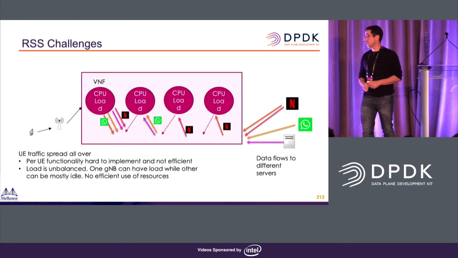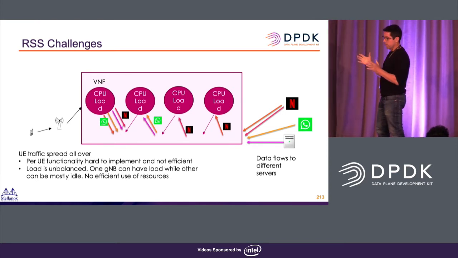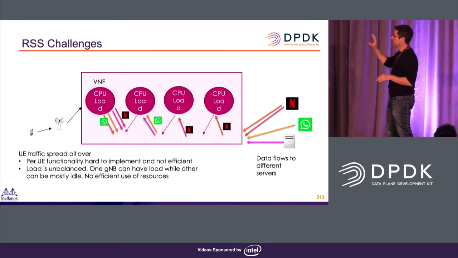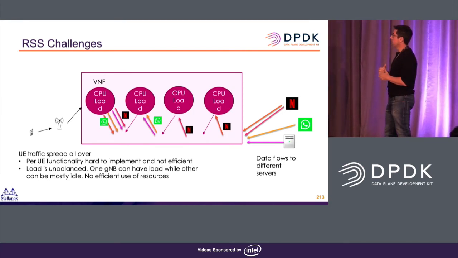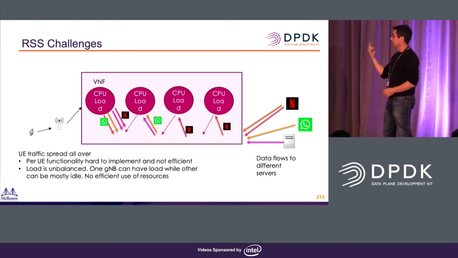Okay, this is how it looks. There is one mobile phone that is, at the same time, watching Netflix, sending WhatsApp, and running another application. The traffic that is going to the data network all goes to the same CPU because the RSS is done on the outer GTP layer.